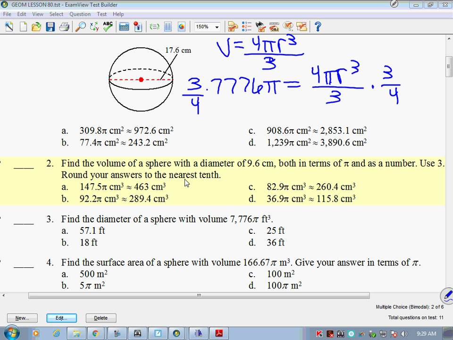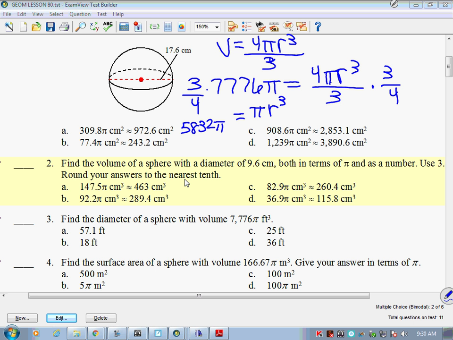Okay, so what is 7,776 times 3/4? 5,832. Is that what you said? Okay. So what do you have? 5,832 pi equals pi r cubed, right?